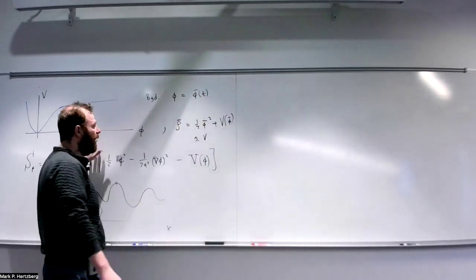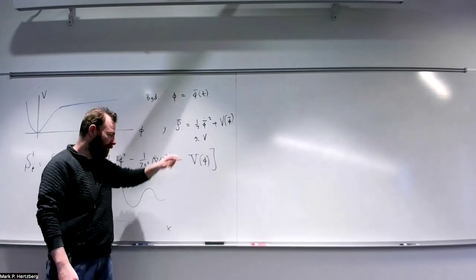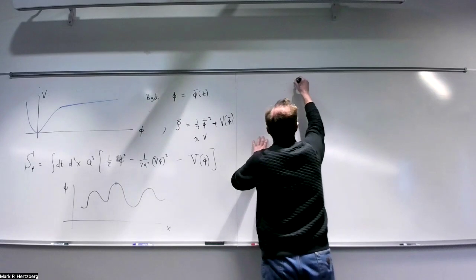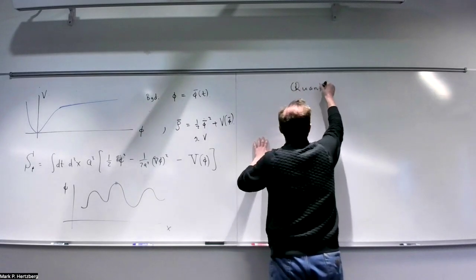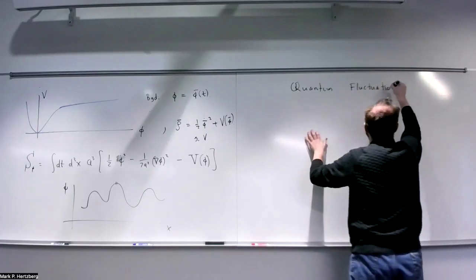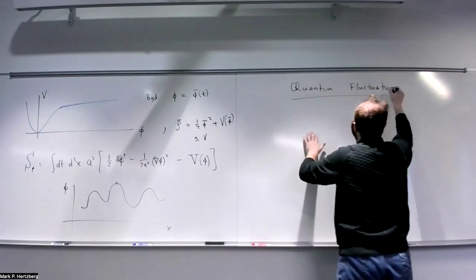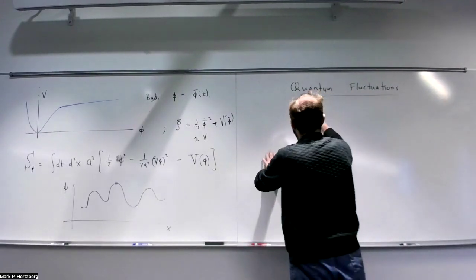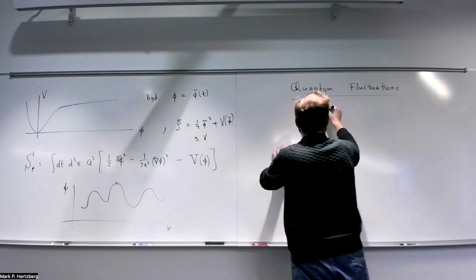Good, so our task now is to think about perturbations around this. So let's think about quantum fluctuations. So I'll write phi, as I said at the end of last time.